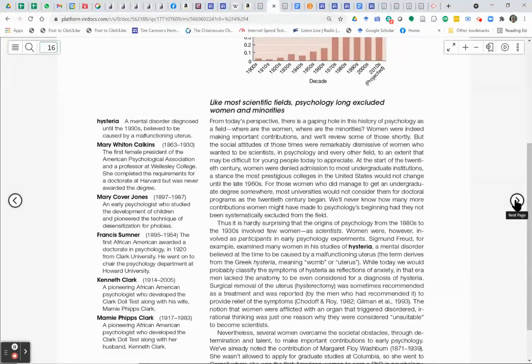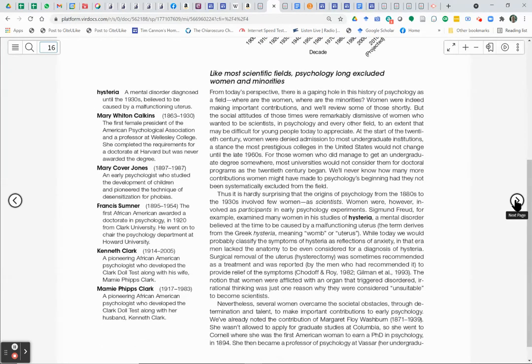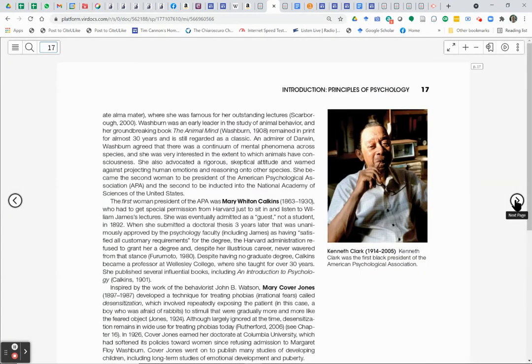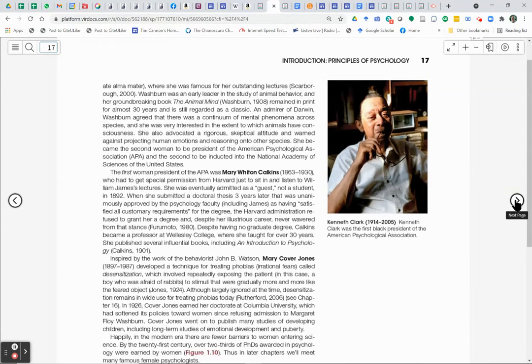And of course, we have a tradition of excluding women and minorities. But certainly on the women's side of things, we've gotten over that. Wait, the women are going to come later.